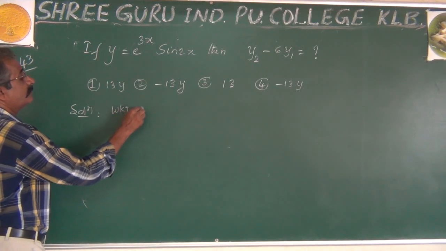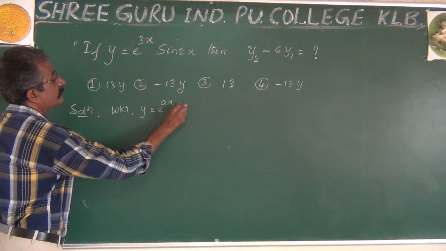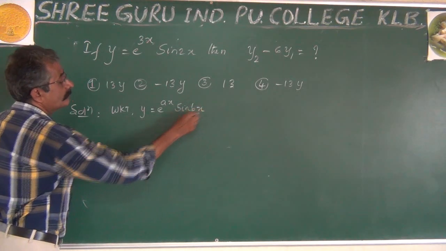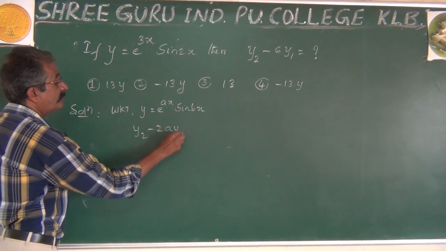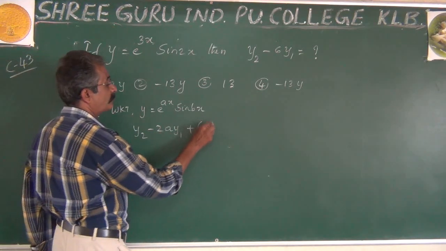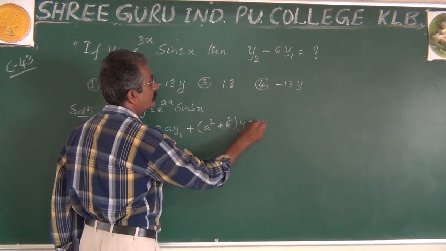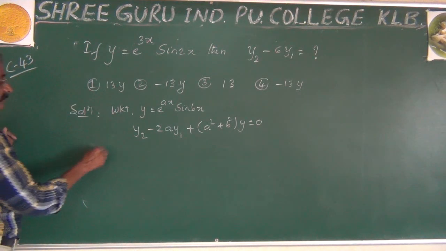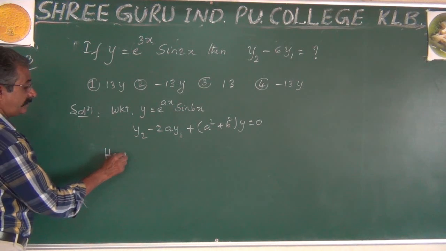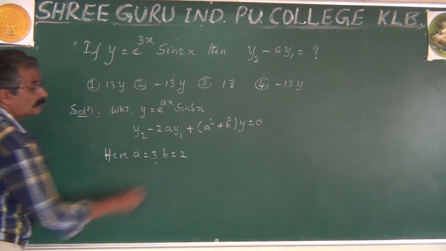We know that if y equals e power ax into sin bx, then y2 minus 2a y1 plus (a square plus b square) into y equals 0. Remember this answer. Now compare. In this problem, what is a? 3. b is 2.